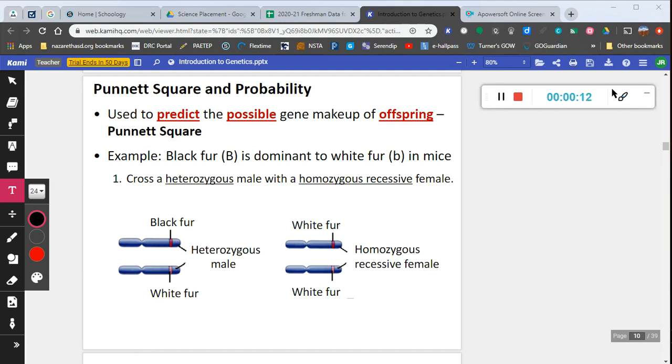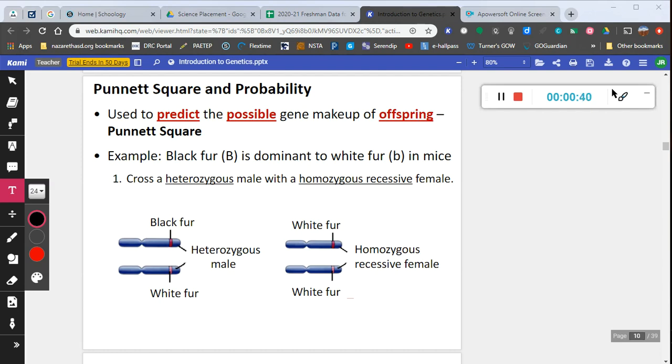In the last video, we introduced all of the terminology for genetics, and we talked about the homozygous and heterozygous genotypes, and we also introduced the idea of phenotypes. Remember, a genotype is the allele combination that an organism has for a particular gene. You can be homozygous dominant, homozygous recessive, or heterozygous.